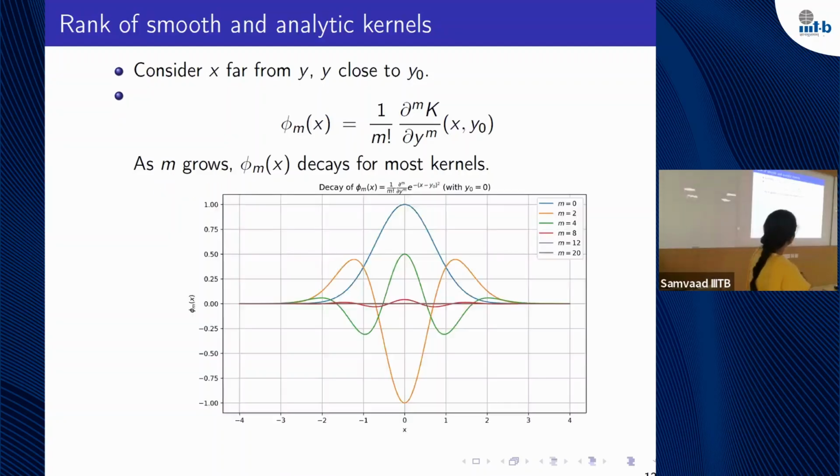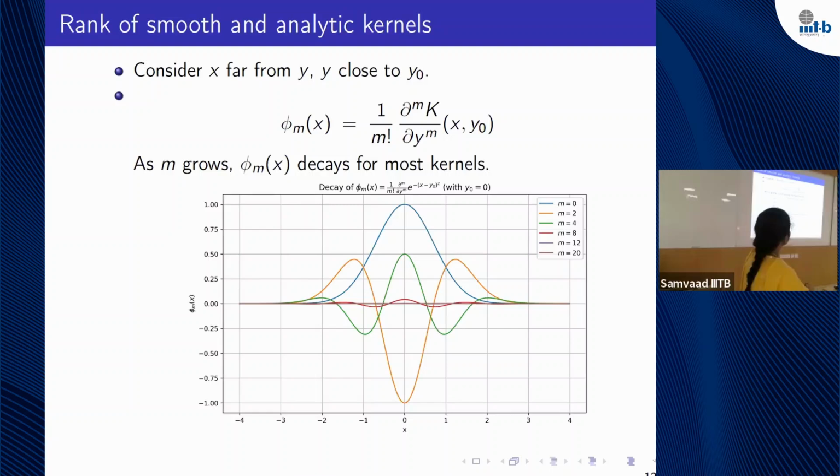So let's numerically justify it. I have plotted x on the x-axis and phi m of x on the y-axis for various m's. And I have considered x far from y and y close to y naught. It means that x is far from y naught. Here I'm considering y naught to be 0, and I'll consider x far from y naught equals 0. So x is far from y naught equals 0 means in this range or in this range.